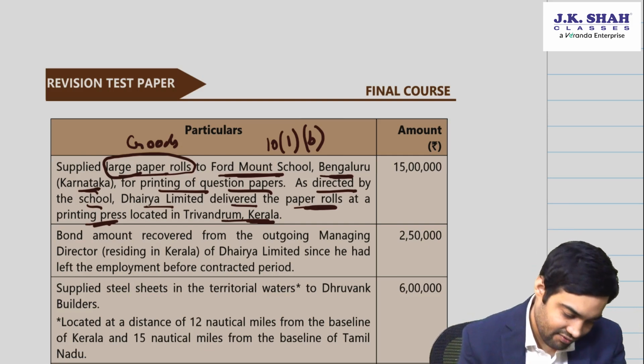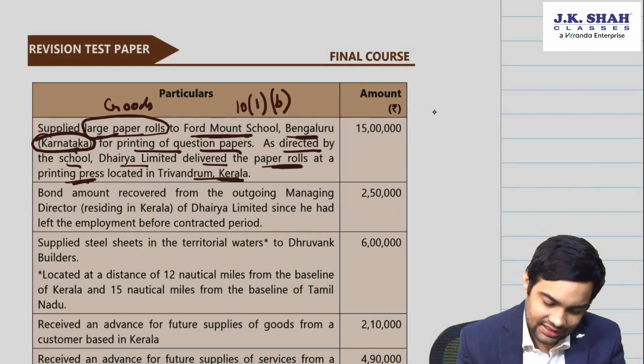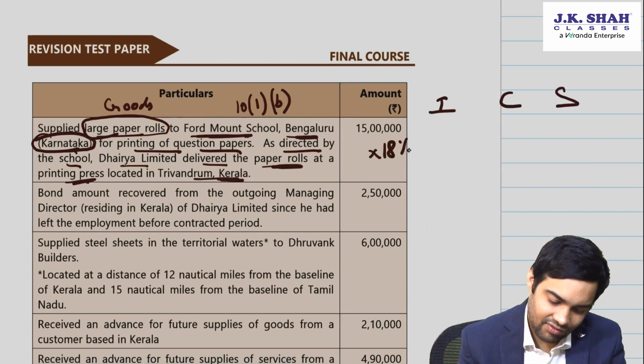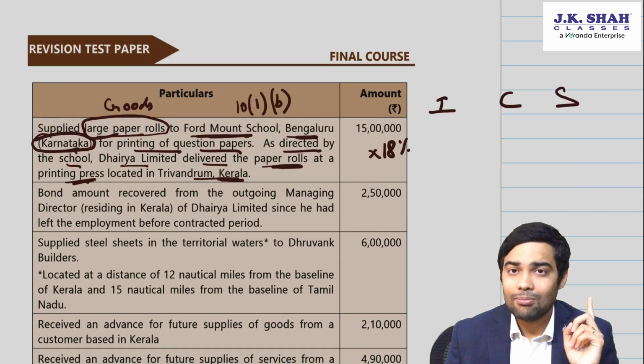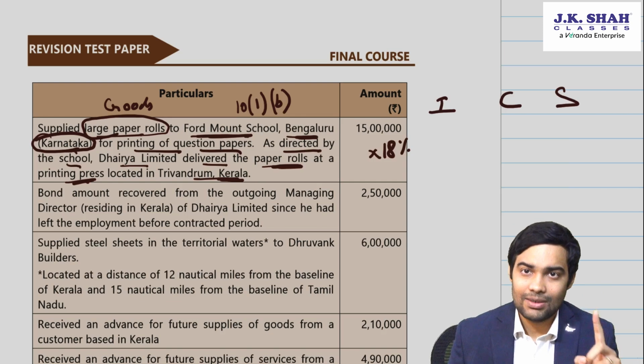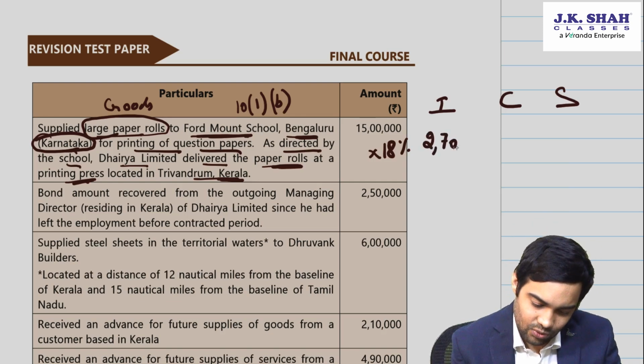Now here we are billing it to Karnataka. We will have to charge IGST because the place of supply for this will be Karnataka. We are in Kerala. Place of supply is Karnataka under 10(1)(b), and 15 lakh into 18% would be 2,70,000.